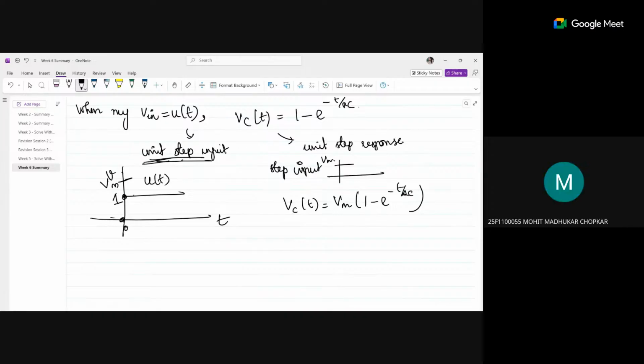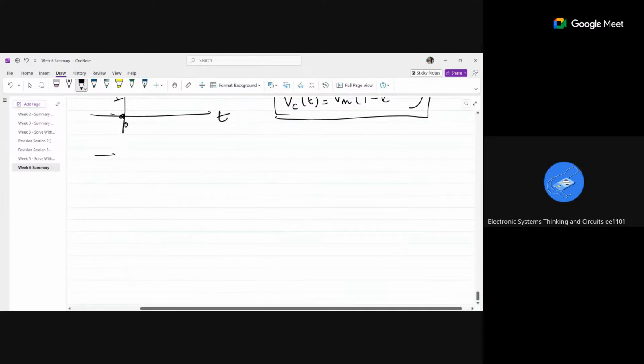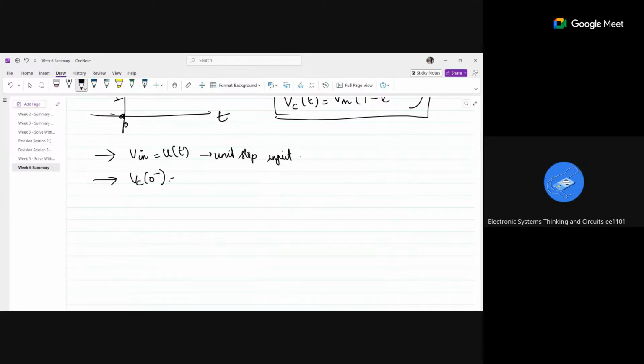Ma'am, what we have got here has a very limited use because we have used a constraint, that is u of t, a unit step. So my constraint is Vin is equal to u of t, unit step input. Also, I assume at time t equal to 0, the voltage is 0.